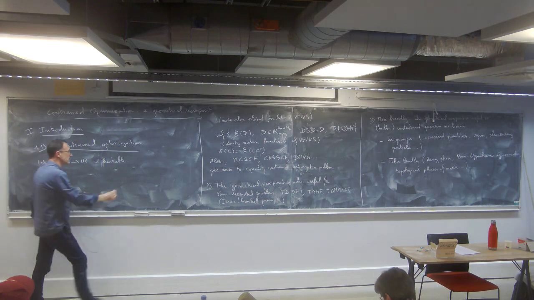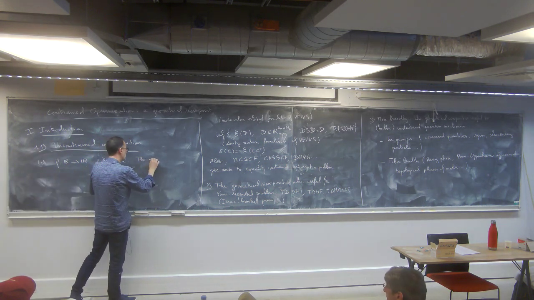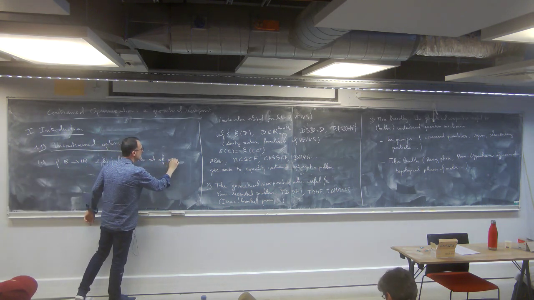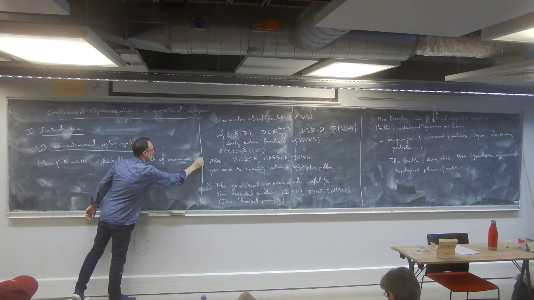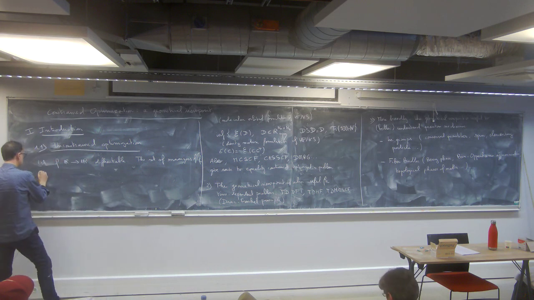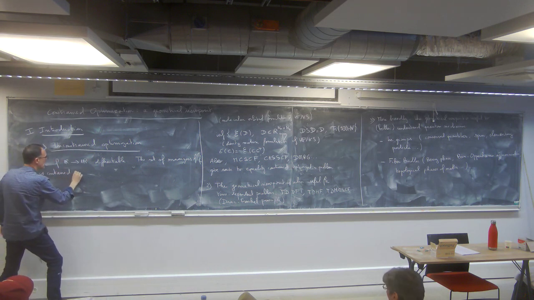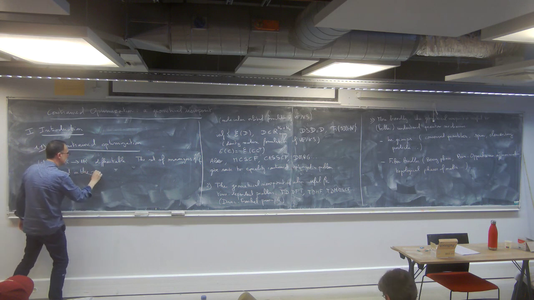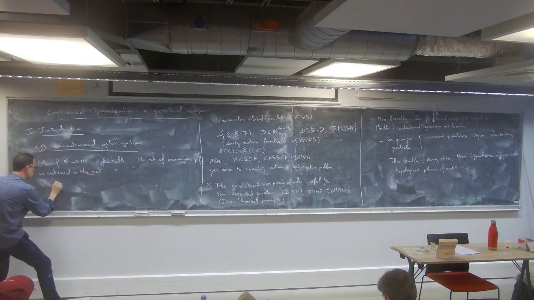What you all know is that the set of minimizers of f is contained in the set that I call C, the set of critical points of f.